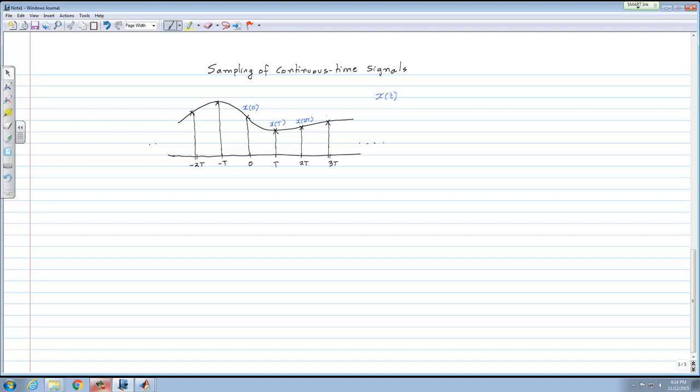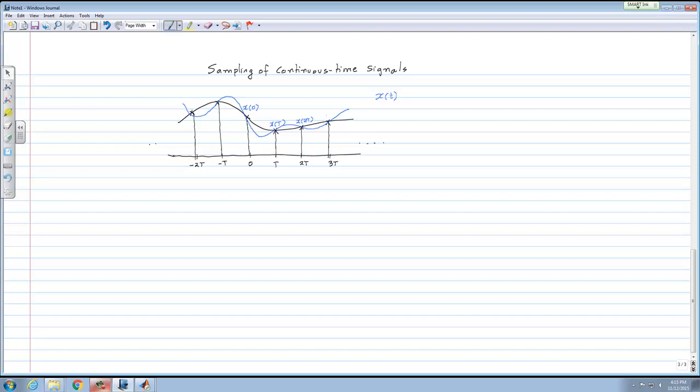If I just ask this question to you, you could immediately tell me that it's impossible, right? In fact, this is nonsense, because I could draw another signal, which let's say I'm drawing in blue, which passes through exactly the same points as the black signal at the time instances 0, T, 2T, 3T, and so forth.